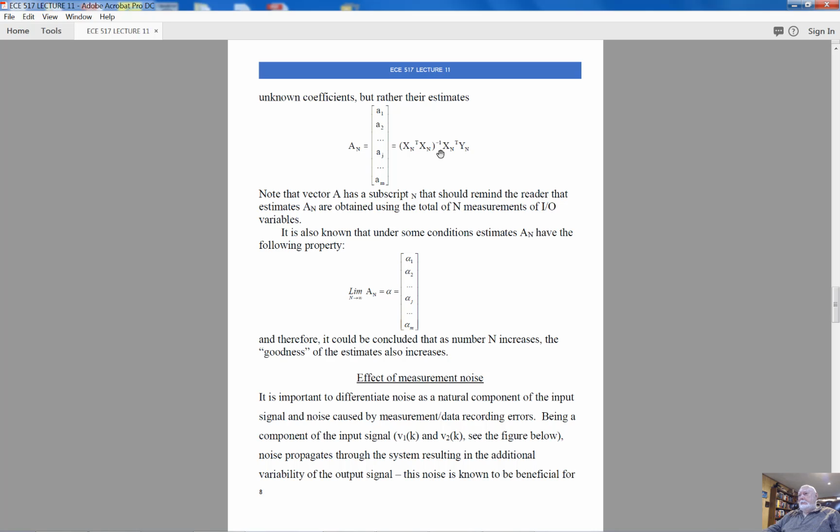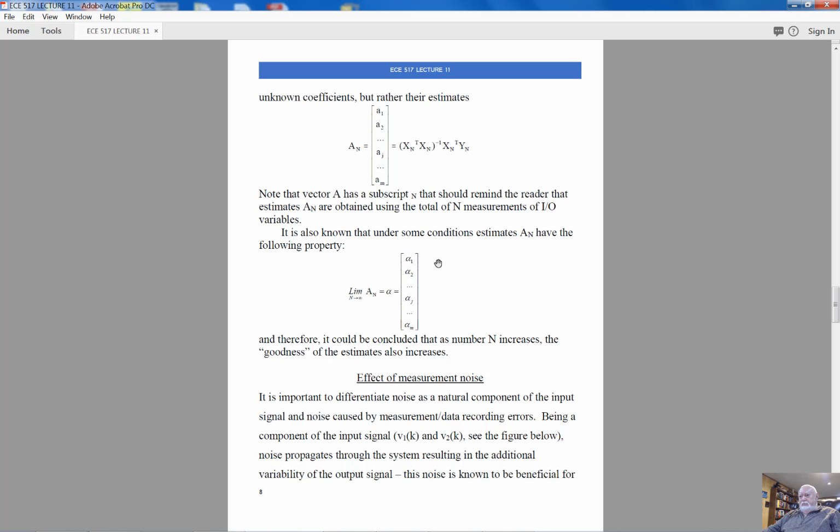M, not N. The column comes from the X_N array transposed, which is M times capital N, times Y, which is capital N times 1. We multiply it, and we're getting a column of unknown coefficients. But I want to emphasize, they're not unknown coefficients, they are estimates of unknown coefficients.